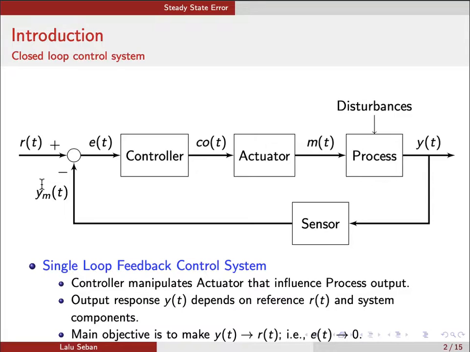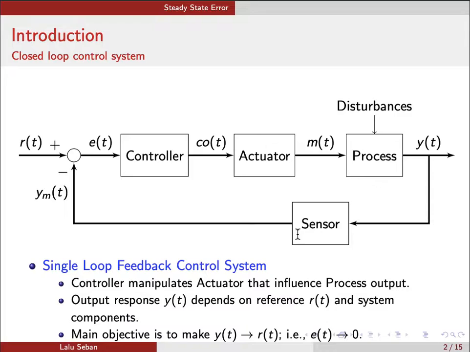For reducing the complexity, in many cases we assume the dynamics of the feedback component as unity. The sensor plus the signal conditioning setup, whatever it is, we will ideally assume it as unity. Such systems we will call unity feedback systems. So the dynamics of this feedback part will be unity.